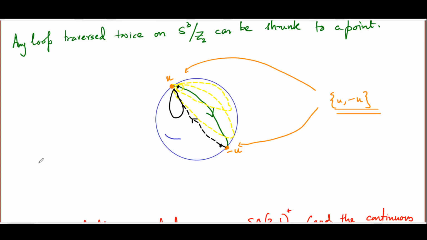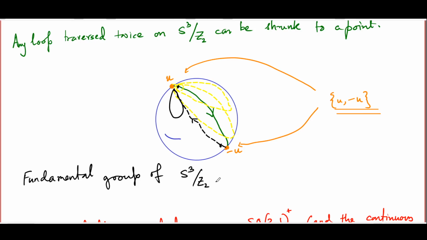As I have mentioned in an earlier lecture, the collection of all loops which can be continuously deformed into each other on a manifold form elements of what is called the fundamental group or the first homotopy group of that particular manifold. So what we have essentially shown here is that the fundamental group of our group parameter space S3 by Z2 has two elements.